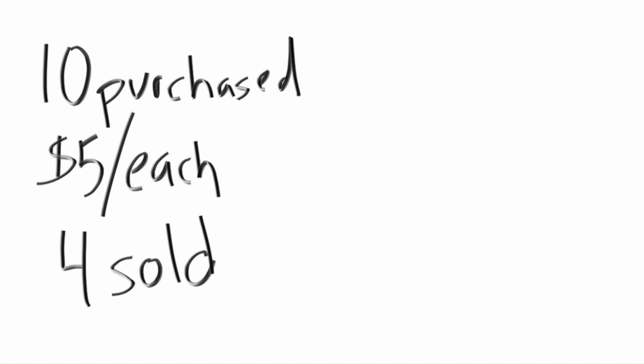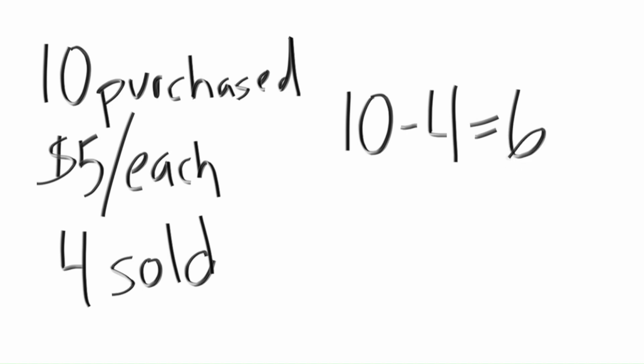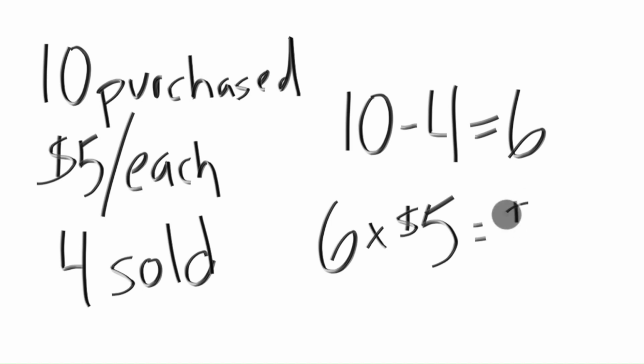Now, to calculate the remaining value, you would take the 10 that he originally purchased, you subtract the 4 that he sold, and that equals 6 remaining. Then you would take those 6 that are remaining and you multiply the cost of each that he bought them for at $5, which equals then $30. And that is the inventory value.